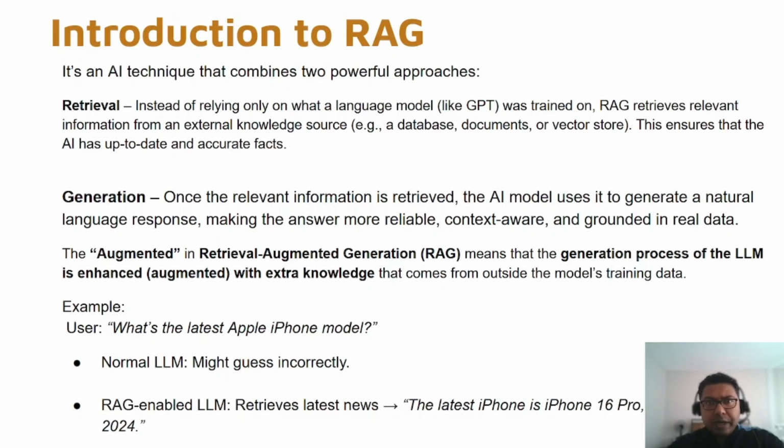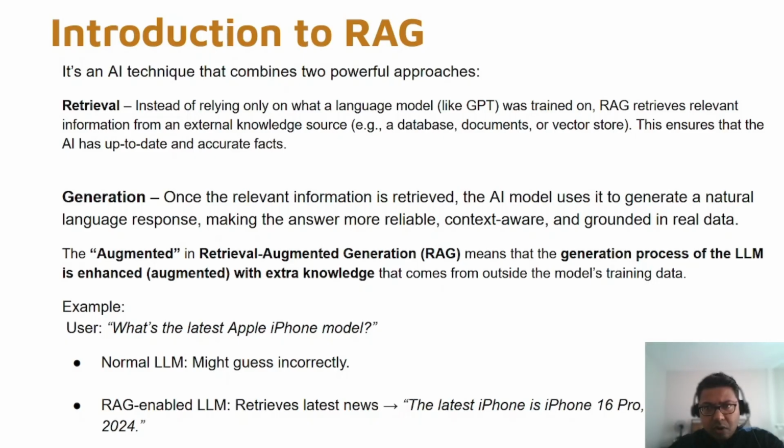Now, what is augmented? We learned about retrieval and generation, but what about augmented? Augmented in Retrieval Augmented Generation means that the generation process of the LLM is enhanced. So augmented is nothing but enhanced. We are feeding some extra knowledge to the LLM to generate an enhanced response.